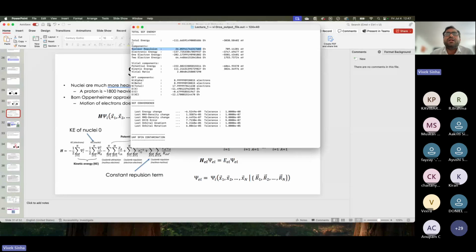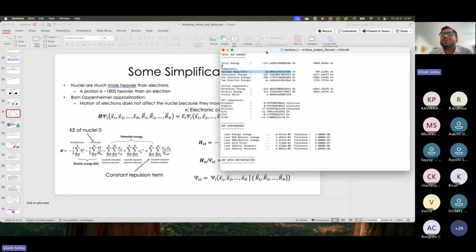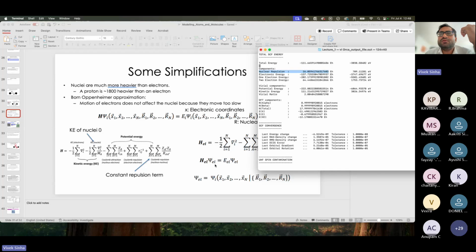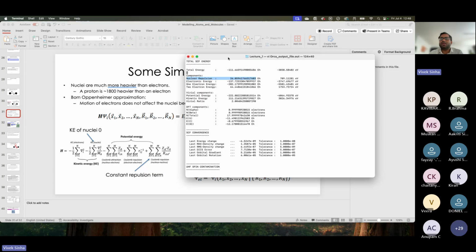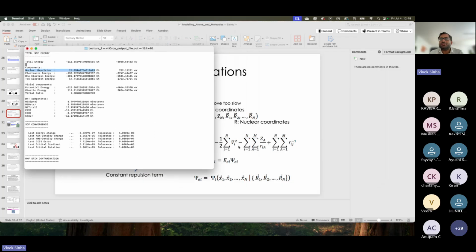So essentially, when I did an ORCA calculation, I think it's also on the N2H4 molecule. I just did a simple single point energy calculation to look at what energy it has. This constant repulsion term is mentioned here. Then there is the electronic energy, the E electronic. And then there is the 1 electron energy, which is negative.